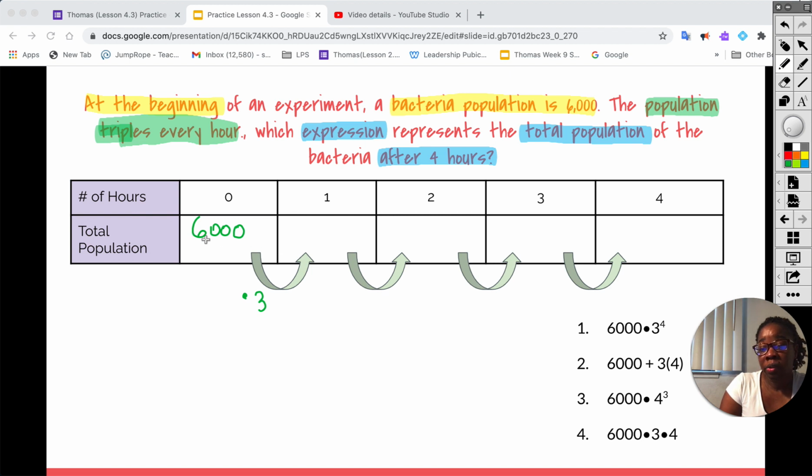After 1 hour, 6,000 times 3 is going to give you 18,000.